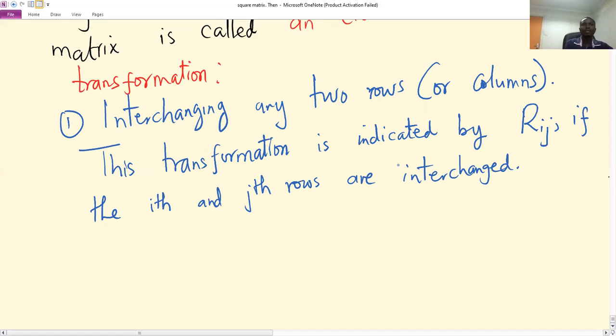So that's the first transformational operation.